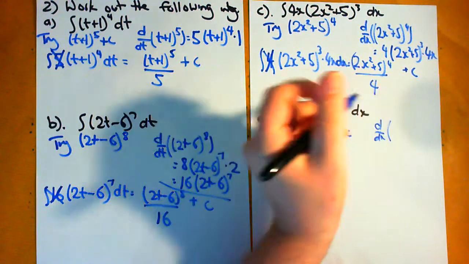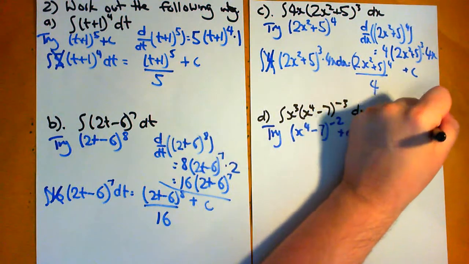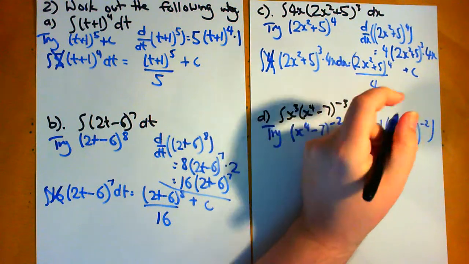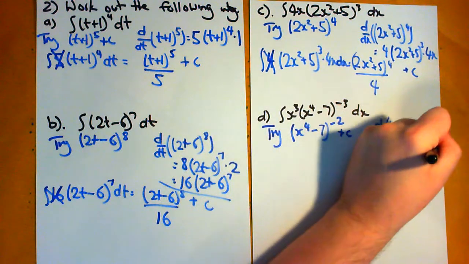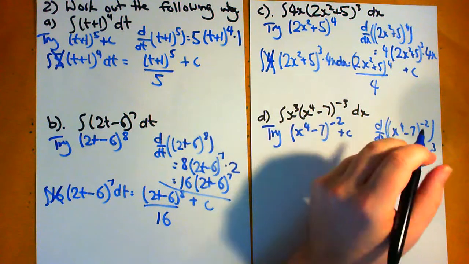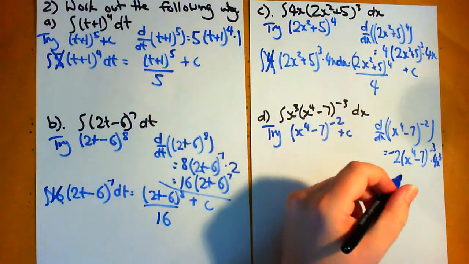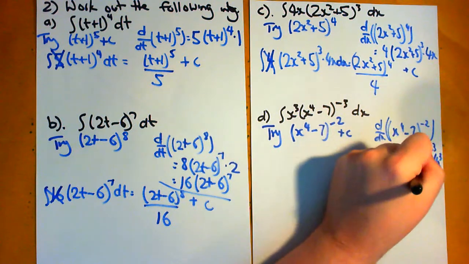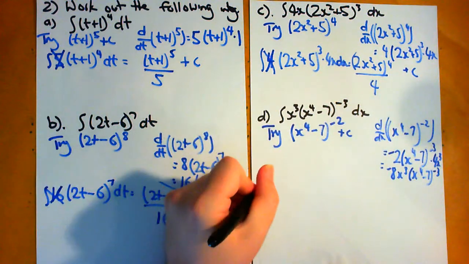So the derivative of what we're trying, (x⁴ − 7) to the power of −2, is, if we differentiate that, we'll get a −2 times that bracket, (x⁴ − 7) to the power of −3, multiplied by the derivative of the inside of the bracket, which is 4x³, which is −8x³ times (x⁴ − 7) to the power of −3.